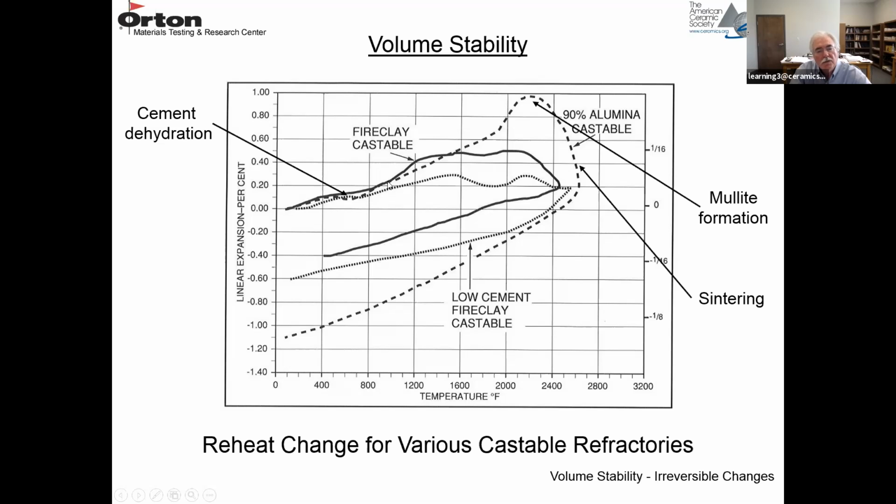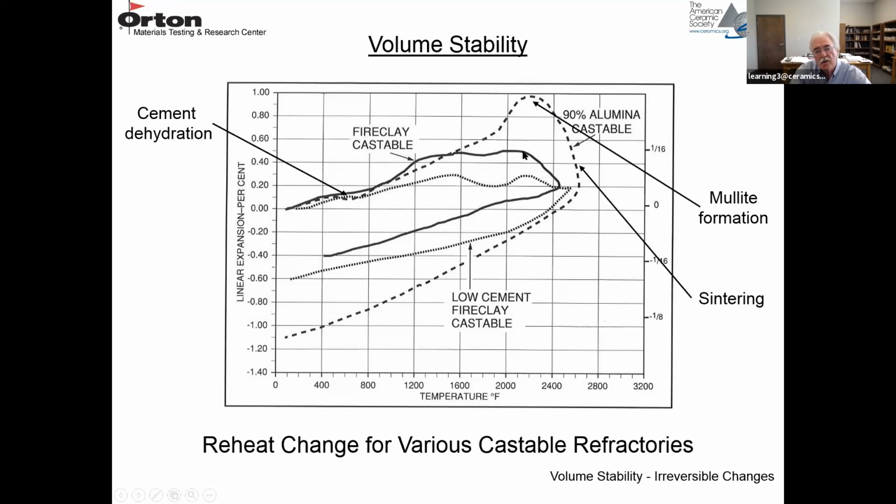Over here, you start going through expansion, and then at higher temperatures, two things start happening. You start having some shrinkage, but at the same time in materials, you may have mullite formation. Mullite's a lower density material, so it's going to have a volume expansion. Here you're forming mullite, and now you have two competing processes. You're starting to sinter at the same time, so it starts to shrink.